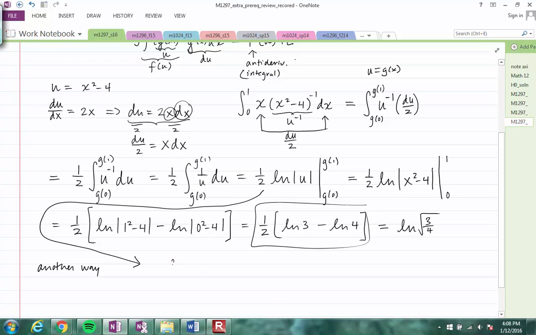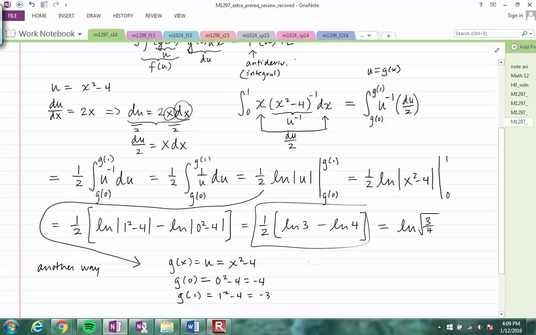But then you do a little side work here and say, what is g of 0 and what is g of 1? So you use the g of x again, just to be clear that your g of x, or your u, is x squared minus 4 from the beginning. So that's what you're using there. So your g of 0 would be 0 squared minus 4, which is negative 4. And your g of 1 would be 1 squared minus 4, which is negative 3.